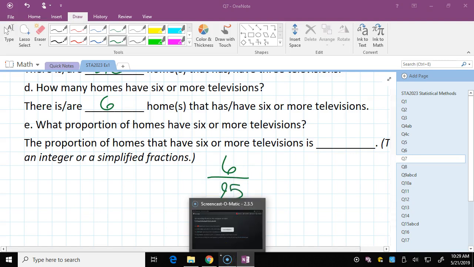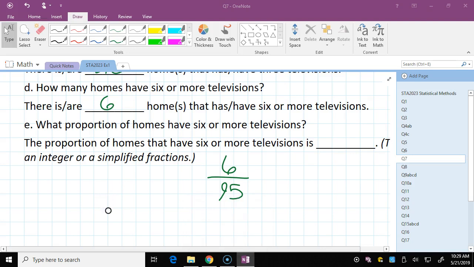You need to make sure that you reduce this down. If this can reduce, you need to reduce it down. So you go to that calculator. Remember, your best friend is alpha y equals. You put in that 6 over 95, hit enter and see what happens. Does that reduce down? No. So the answer is 6 over 95.